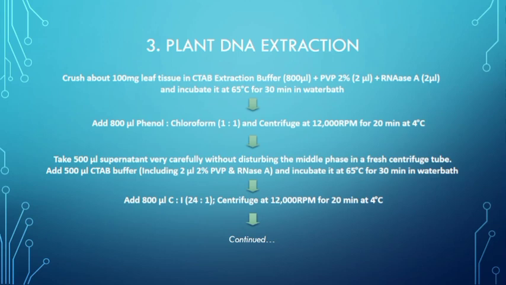To that 500 microliter of supernatant, add 500 microliter of CTAB buffer, which will also have 2 microliter of PVP and RNase accordingly if you are getting more contamination, and incubate it for 30 minutes at 65 degrees centigrade in a water bath. After taking it from the water bath, again add 800 microliter of CI, chloroform isoamyl alcohol, in the ratio of 24:1, and then centrifuge at 12,000 rpm for 20 minutes at 4 degrees or at room temperature.